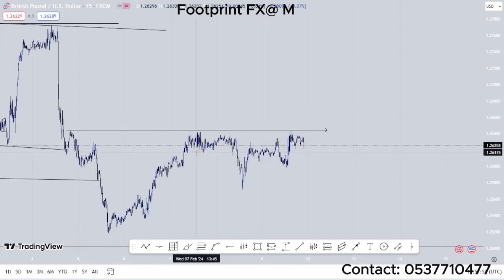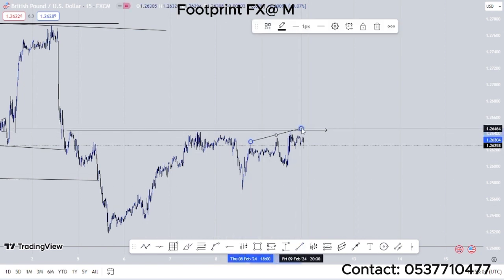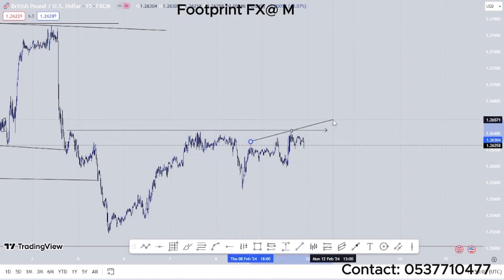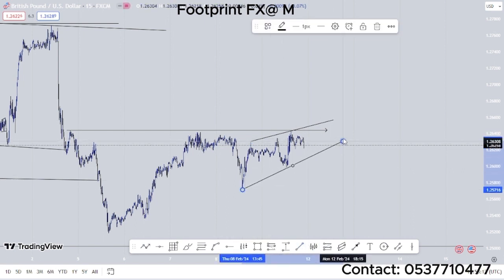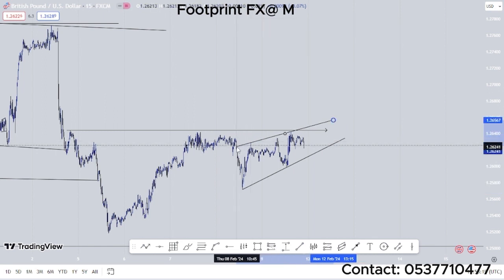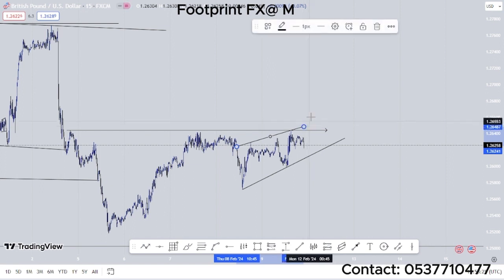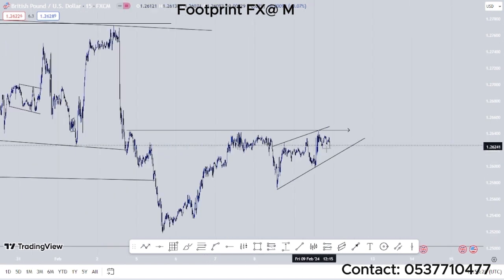Volume was good, tapping here, we got the sales, and then we are now beginning to play this. So let's see what is going to happen around this area for medium term.